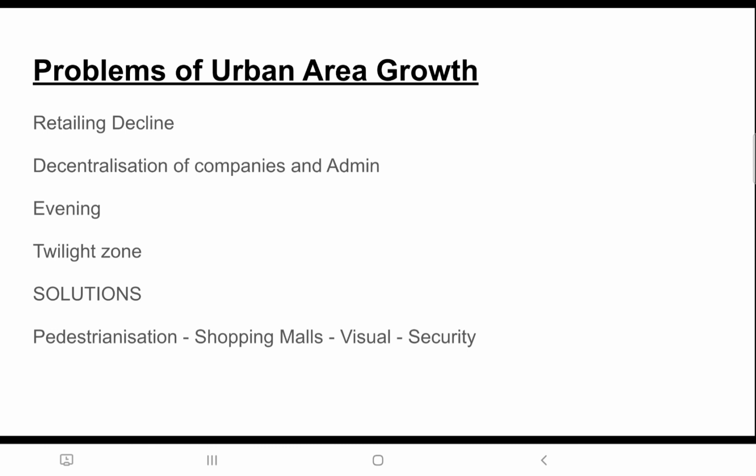We also have the decentralization of companies and their administration centres. It's the same issue: poor accessibility, poor car parking, high land values.